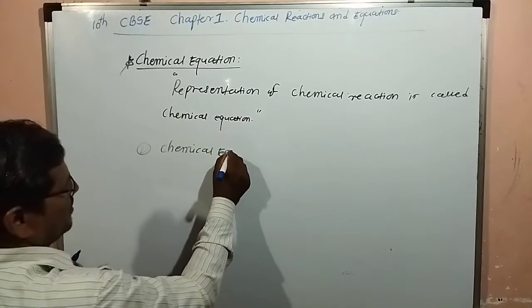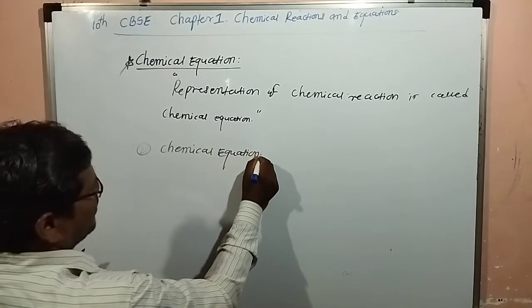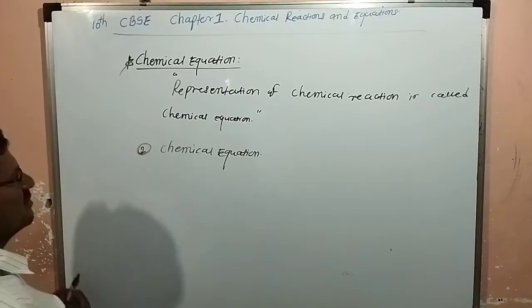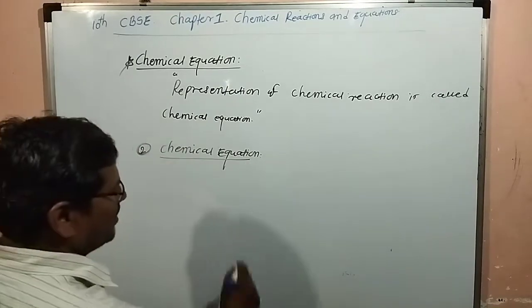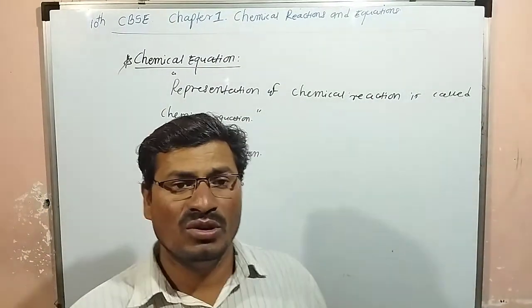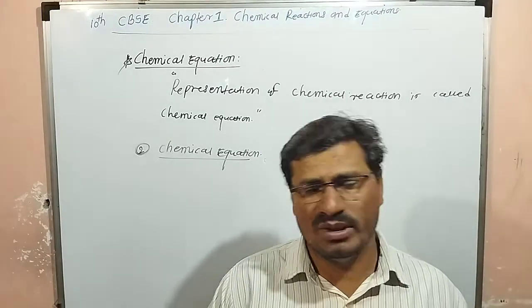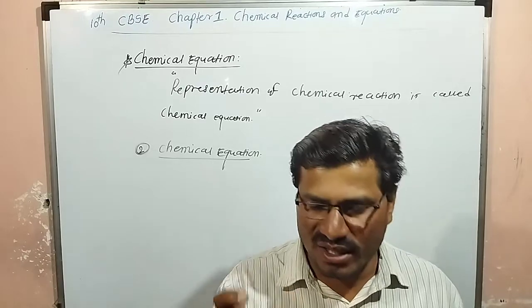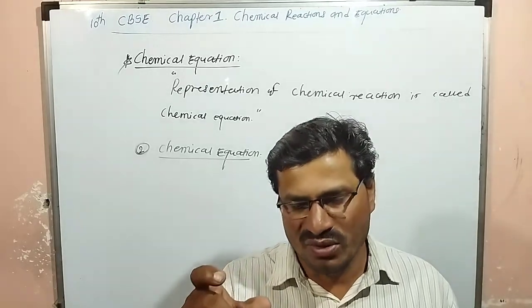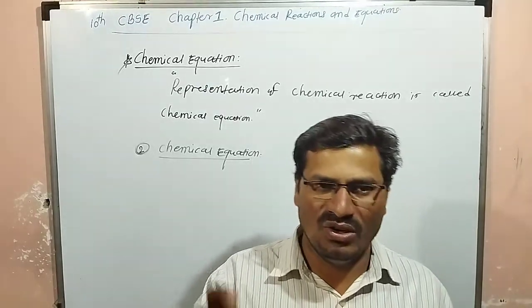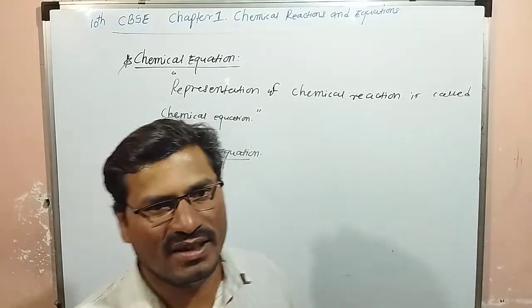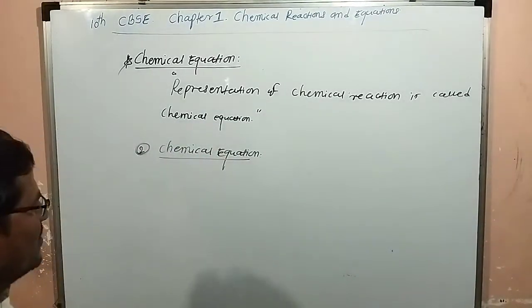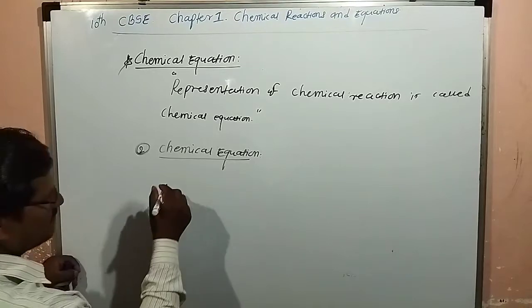Chemical equation is the second one. What is meant by chemical equation? Whatever chemical change or chemical reaction there is, if you write that reaction using symbols or chemical formulas of the reactants and products, then it is the chemical equation.